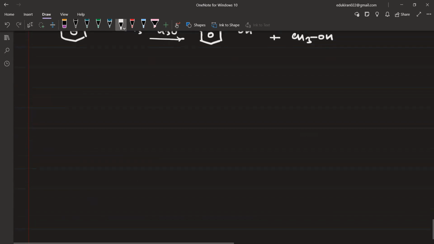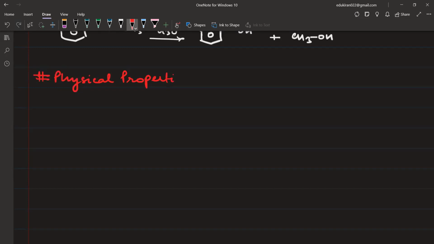The physical properties of carboxylic acid.